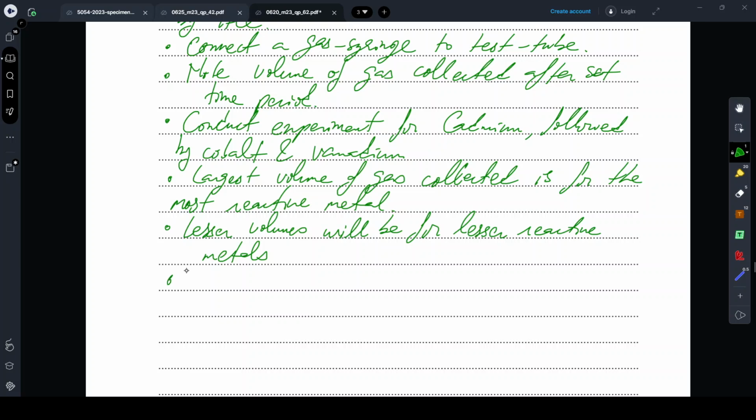It should be in order, but it doesn't matter. The concentration of HCl used should be the same, and you get your mark number 6. And we're done.